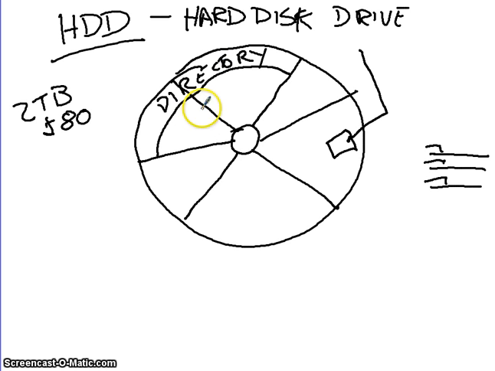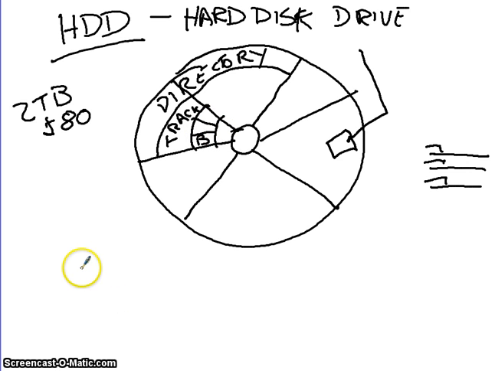And inside the directory we have a track. If you want to think about it, it's like a folder within a folder in your work area. And inside the track, we divide it up even further into blocks. I'm going to put a B there.